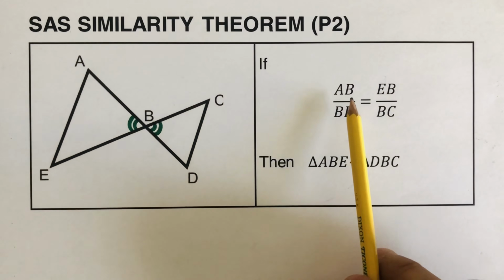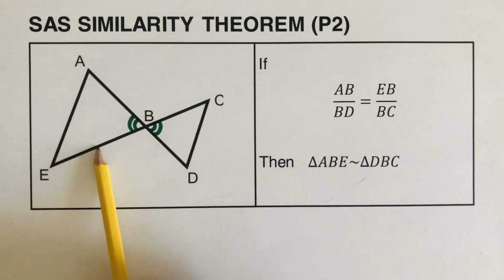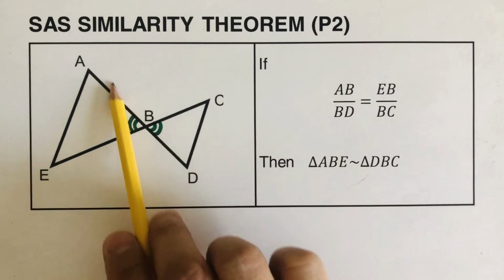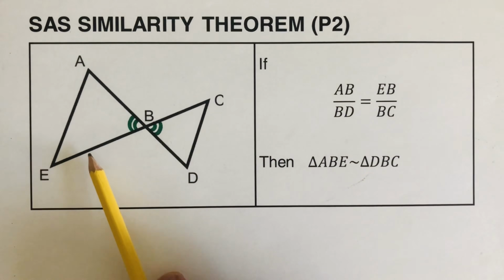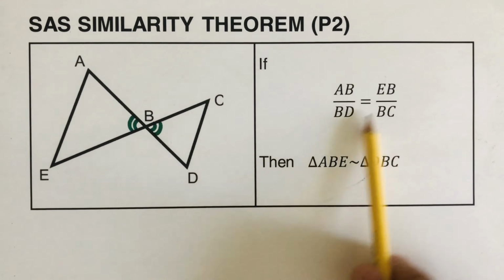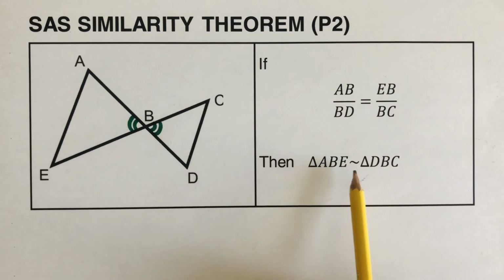If and only if the ratio of this side over this side is proportional to this side over this side. So if we are able to get these two fractions equal to each other, then they are similar.